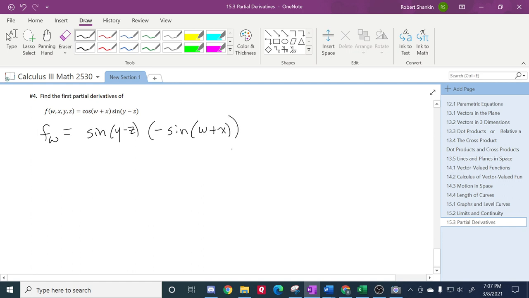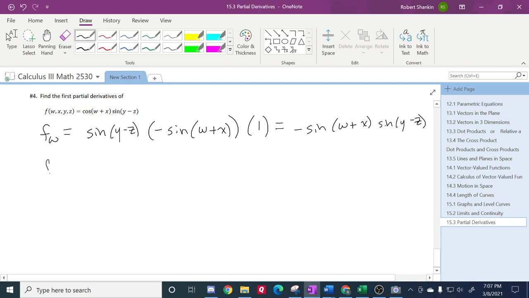And then you have to use the chain rule, times the derivative of the internal, but the derivative of w plus x with respect to w is 1 plus 0. And so this turns out to be negative sine of w plus x, and 1 minus 8, like this.